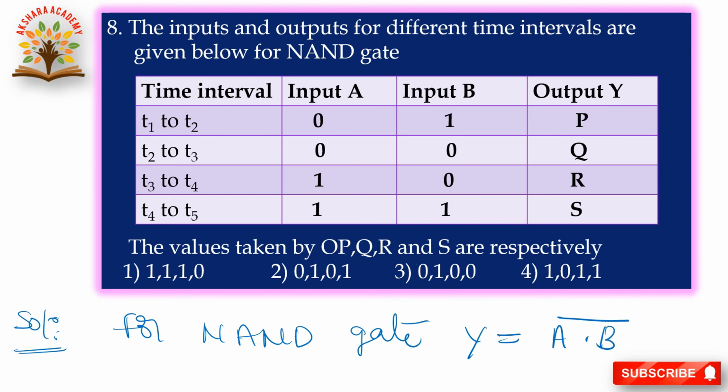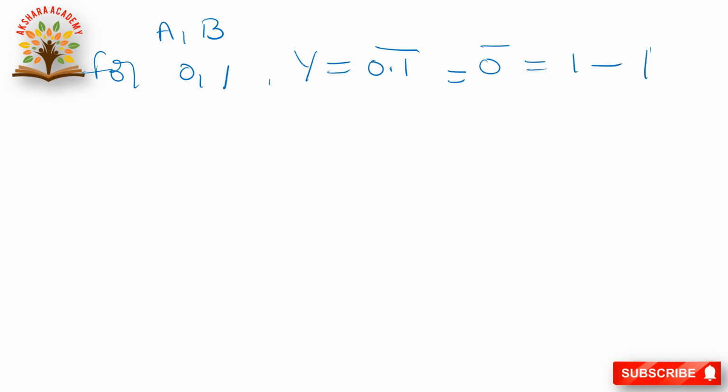For A, B, now we have to calculate the values of P, Q, R and S. Now first one, for A comma B. First A is equal to 0 and B is equal to 1. A is equal to 0, B is equal to 1, and Y is equal to (0 dot 1) bar, that is equal to 0 bar, that is equal to 1, that is P.